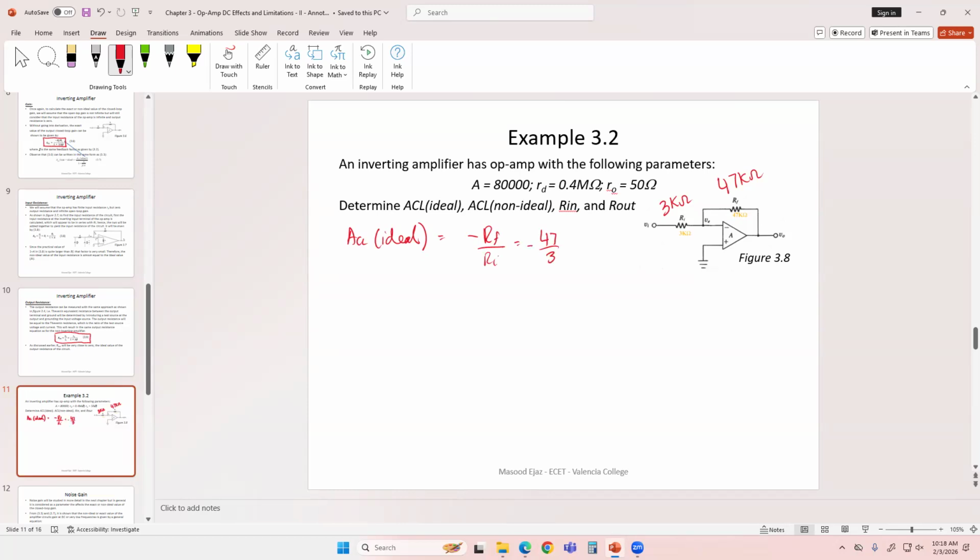And again, the negative sign just represents that phase inversion is there. And 3 times 15 is 45, so it's going to be negative 15 point something, 15.6. And the non-ideal is going to be close to that.